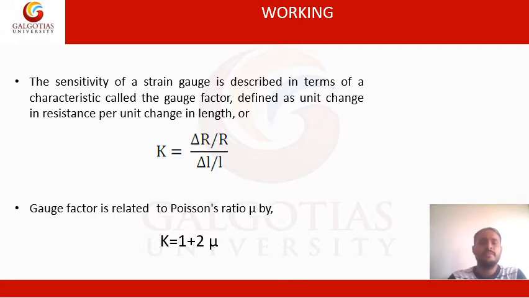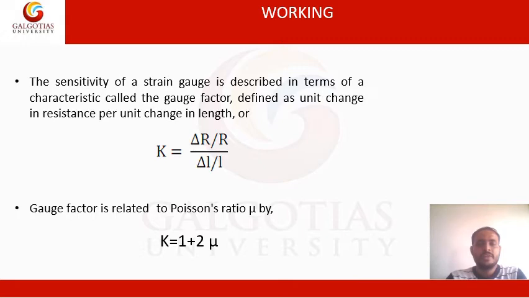The gauge factor is used to characterize the performance of a strain gauge, and it depends upon the material property of the wire. That's why it is a very important term used in strain gauge calculation.